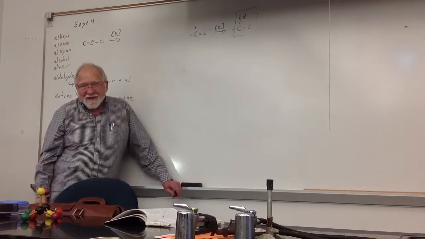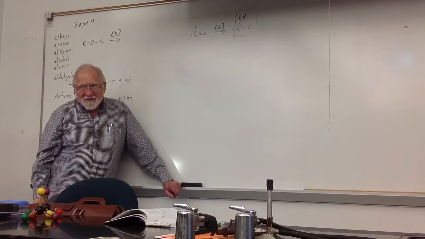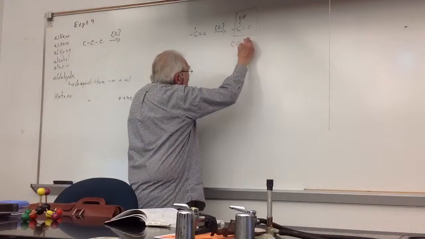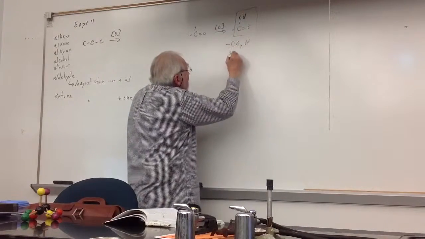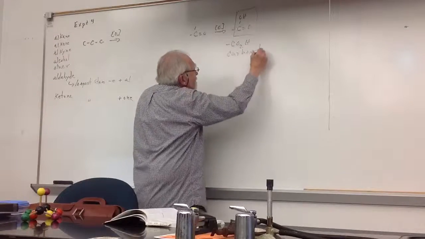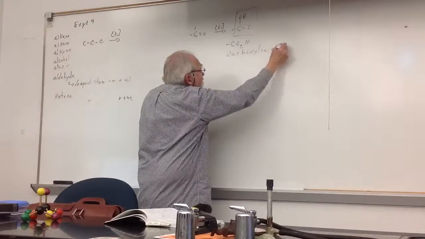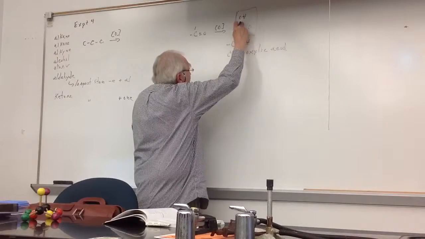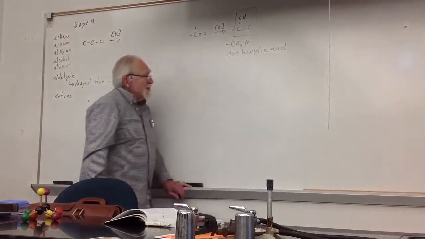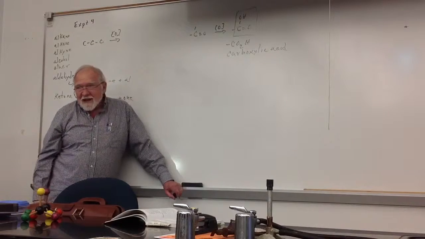What is that? Carboxylic acid group. It's not an alcohol, it's not a ketone. These two things together make the carboxylic acid. That's your organic acid.